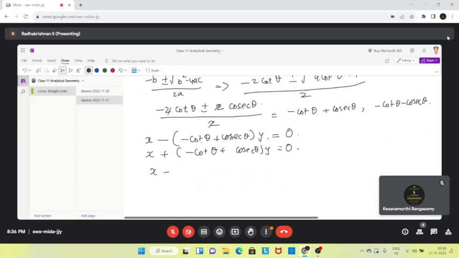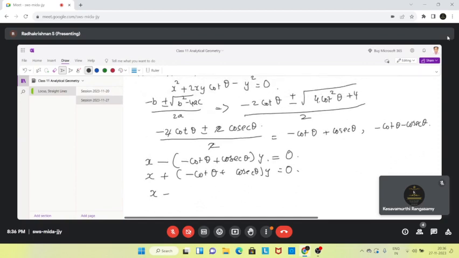I will take the minus cot theta. I'm getting the same. The second is x plus the other one. Here it is minus cot theta minus cosecant theta. So one is x minus cosecant theta minus cot theta into y. The other is x plus cot theta plus cosecant theta into y.